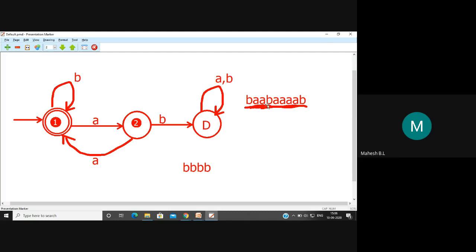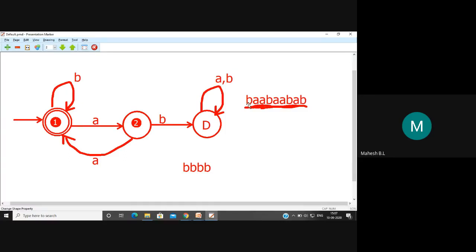Now let's consider one more example. Here there are three regions of A's. One region of length 2, second region of length 2, but the third region is of length 1. So it doesn't belong to the language.